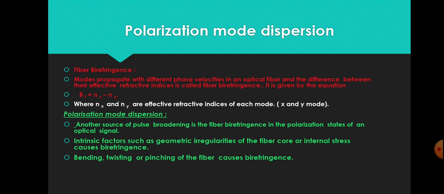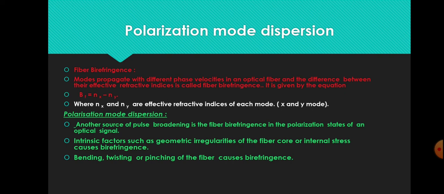That means the difference in the refractive indices of each mode is called fiber birefringence, and it is given by the equation Bf = Nx - Ny, where Nx and Ny are the effective refractive indices of each mode.